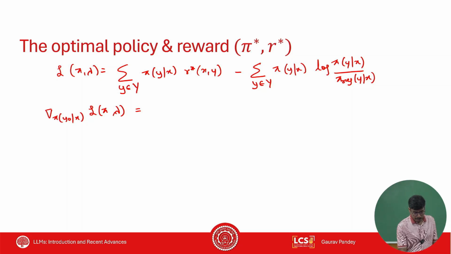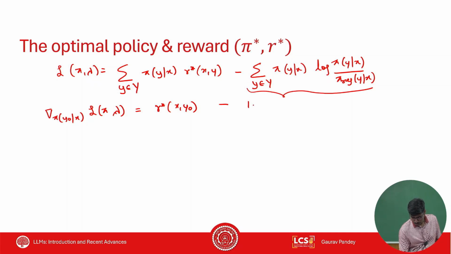So only pi(y naught given x). This is a linear function of pi(y naught given x), and so what you will get here is r star(x, y naught). And what about this? You can try differentiating this. It will come out to be 1 plus log of pi(y naught given x).